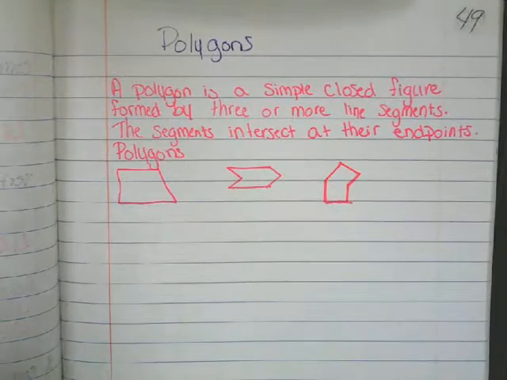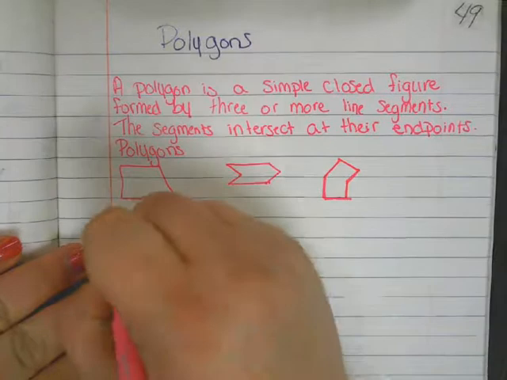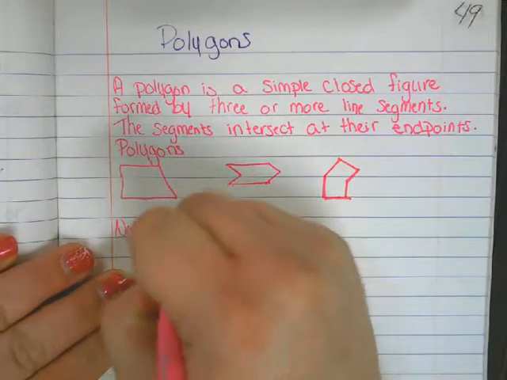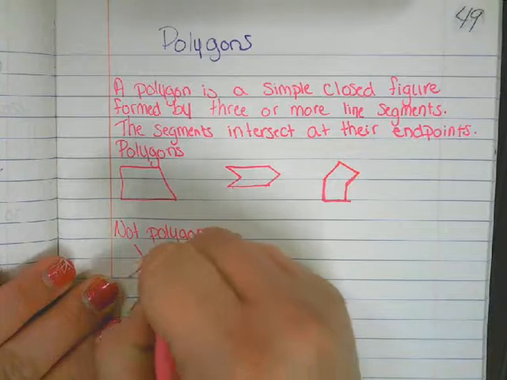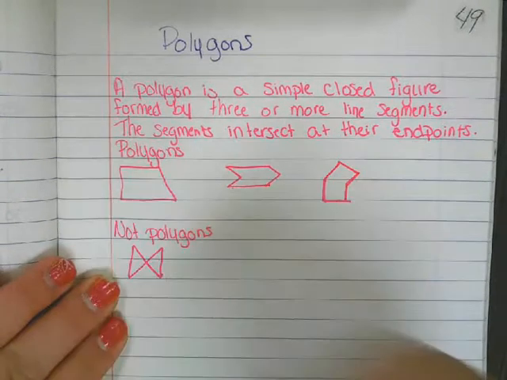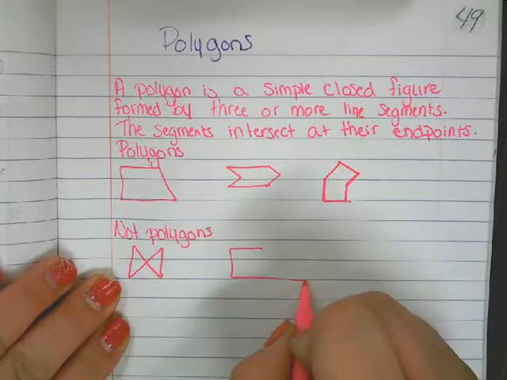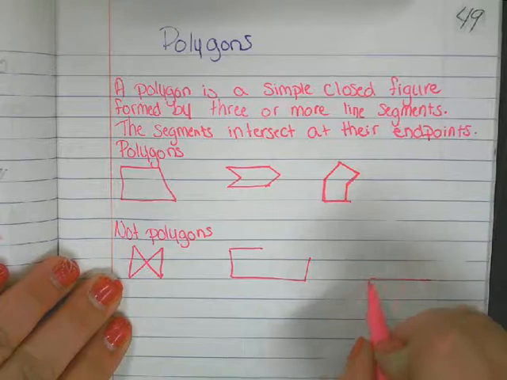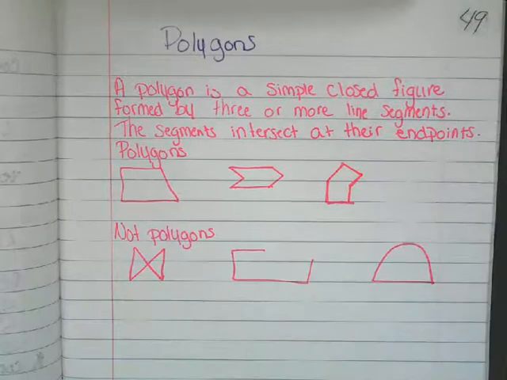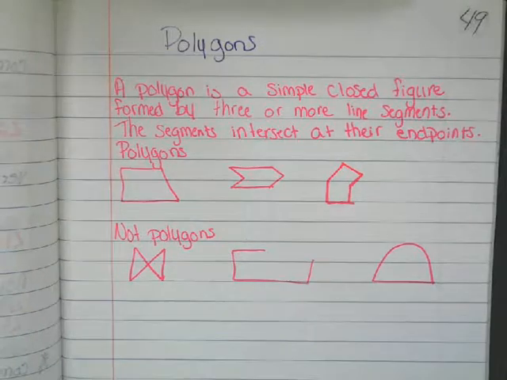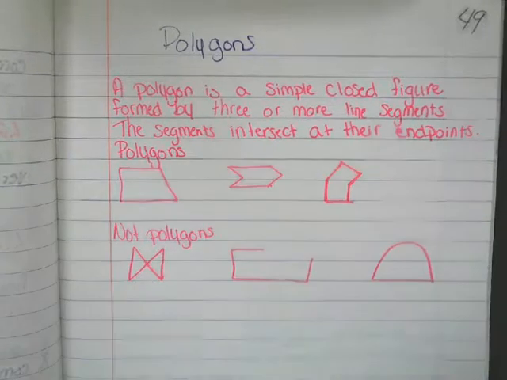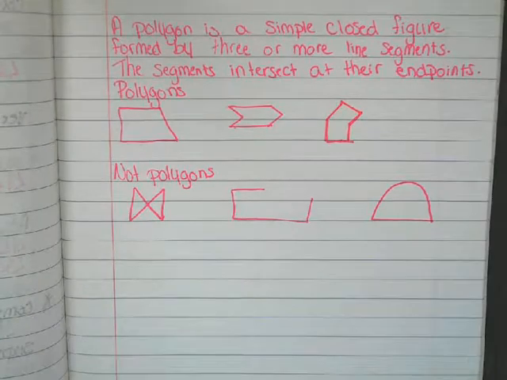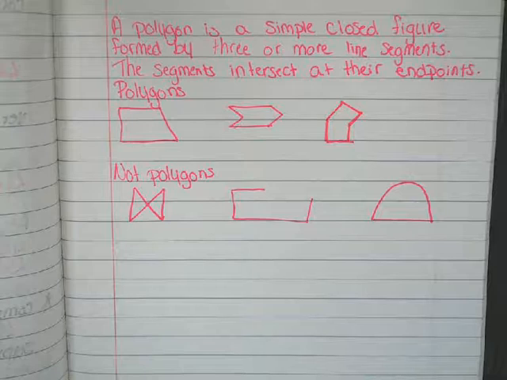Now let's look at some that are not polygons. So when you look at that first shape, it's a closed figure.